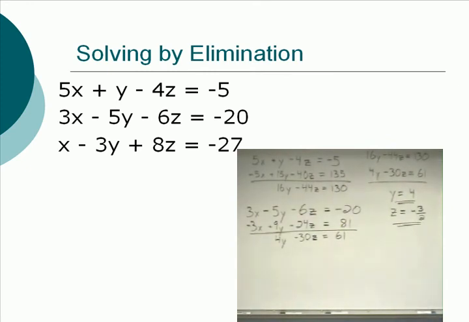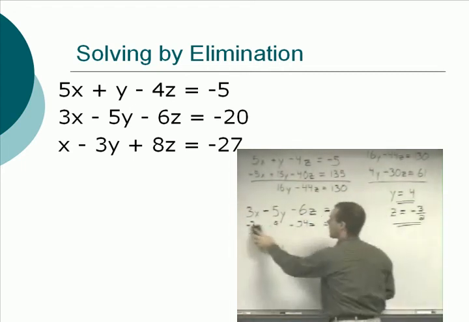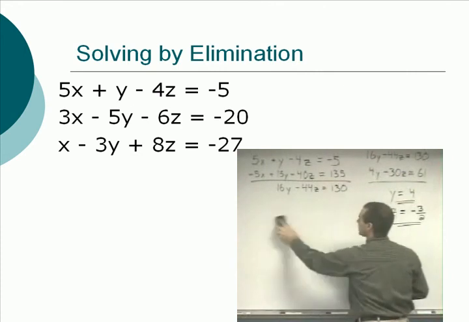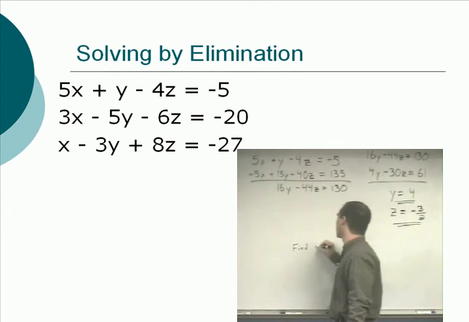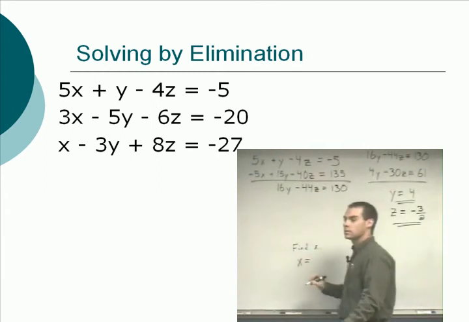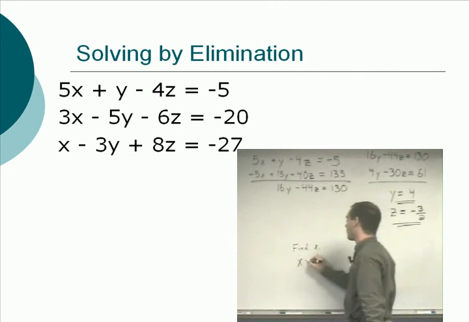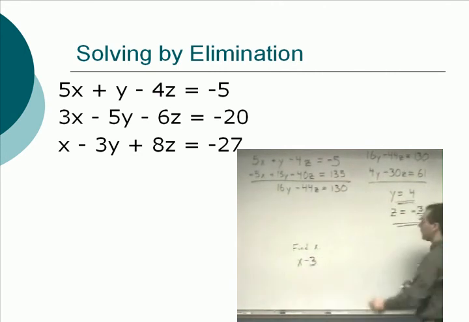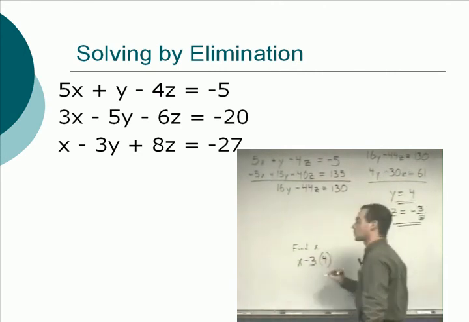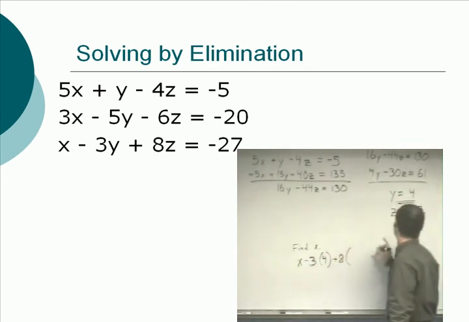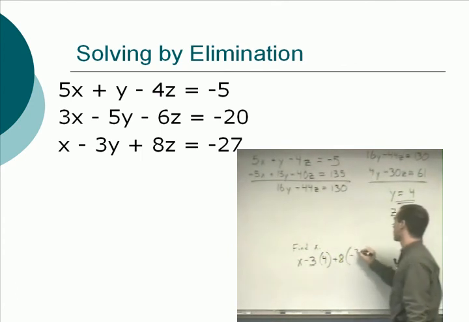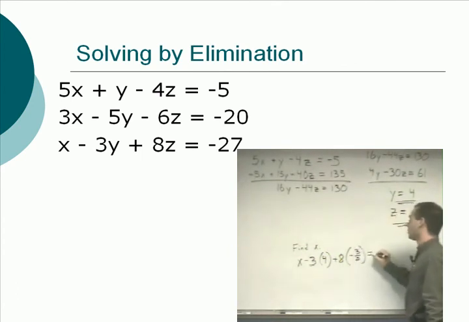So now we'll go back. We'll choose, let's grab that bottom one, the bottom equation of our original system, since it's got x already isolated, and we can find x. X minus 3y, x minus 3 times 4, plus 8 times negative 3/2 equals negative 27.